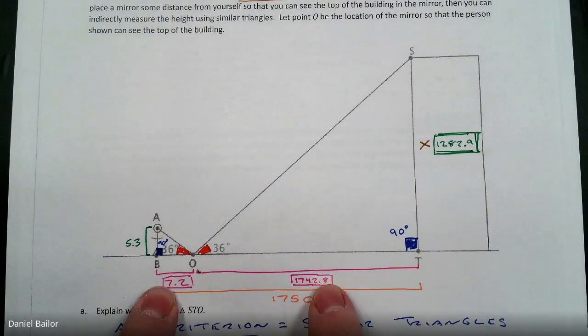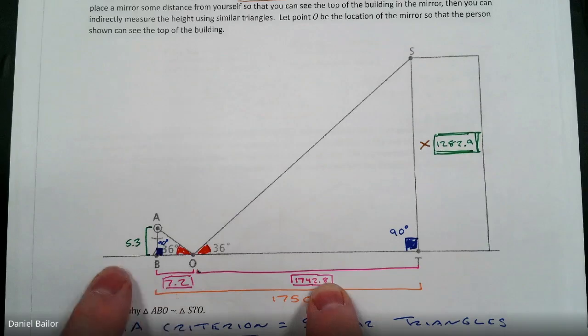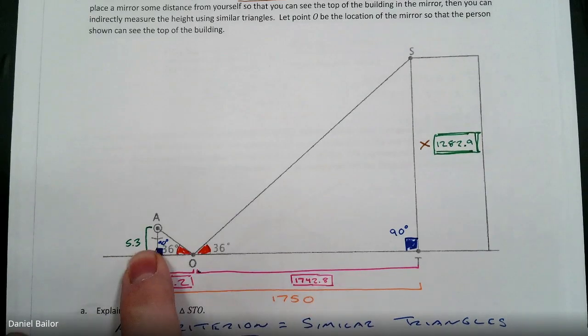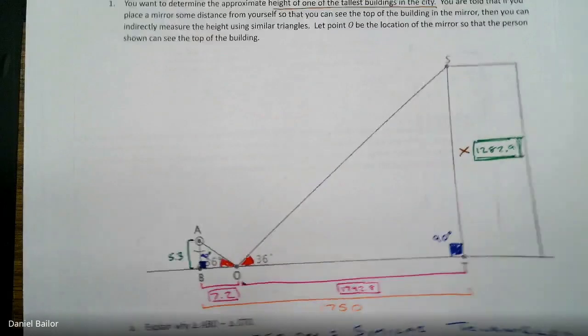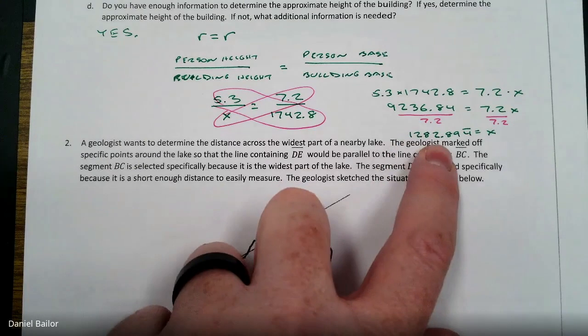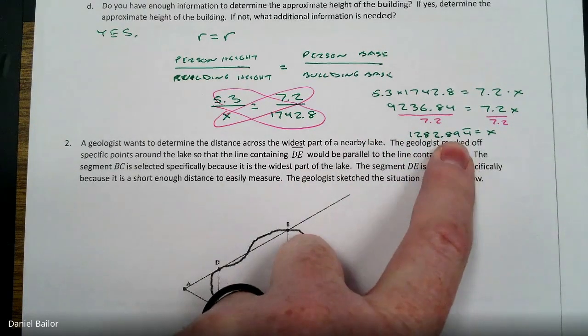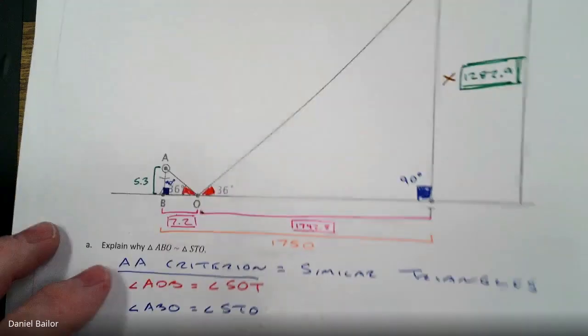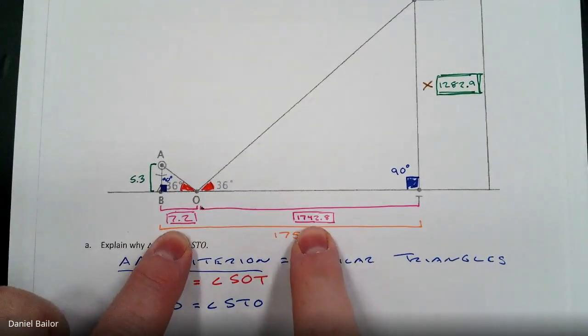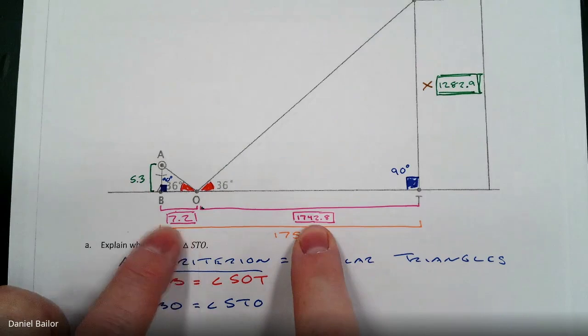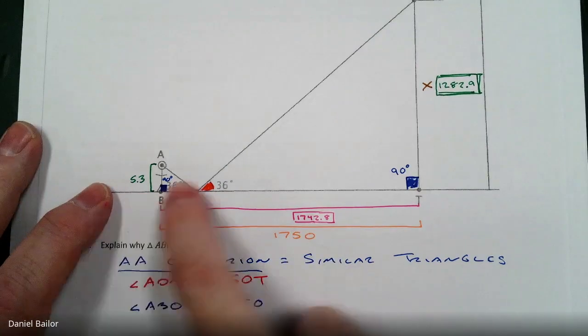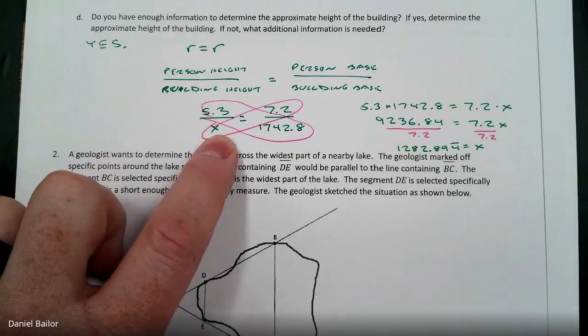So we find how pink changes, and we change the 5.3 the same way. We know how the pink changes because we measured it, and we can figure out how the green changes by using ratios and putting the ratios equal together.